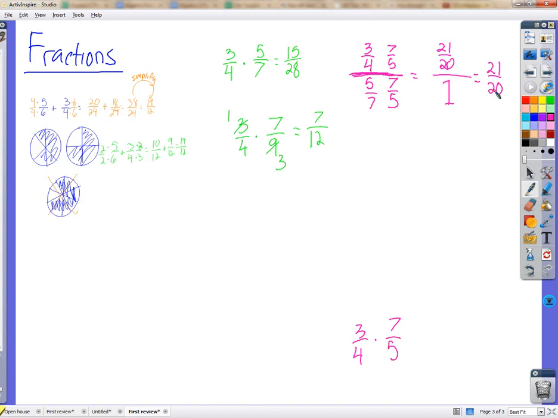Okay. If I tried to do it the other way, like if instead of multiplying by 7/5, I multiply by 4/3, well, I wouldn't get a 1 down here, I'd get a 1 up here. And that's not even any nicer to look at. Right? 1 divided by, I would get 20 over 21 down here.